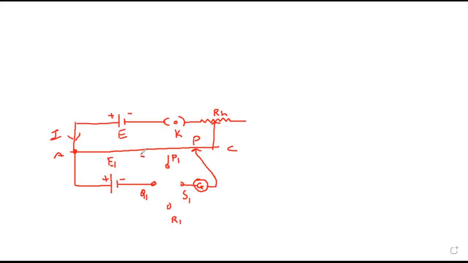A battery of EMF E2 is connected across P1 R1. Now if you look carefully, negative should get connected to positive.